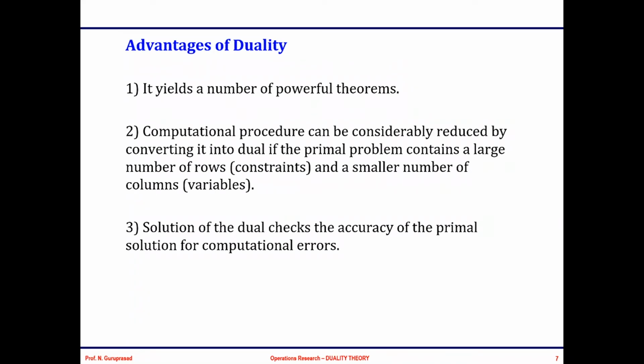Let us look into the advantages of duality. First, it yields a number of powerful theorems. Second, the computational procedure can be considerably reduced by converting to the dual if the primal problem contains a large number of rows and a small number of columns. Third, the solution of the dual checks the accuracy of the primal solution for computational errors.